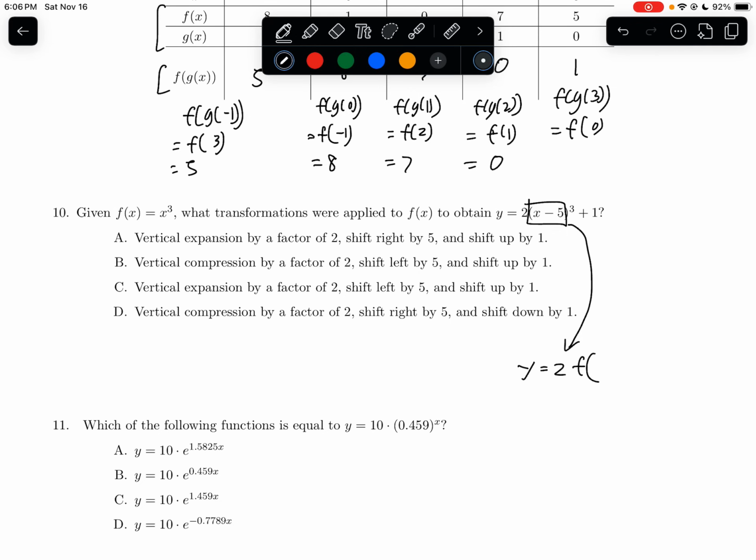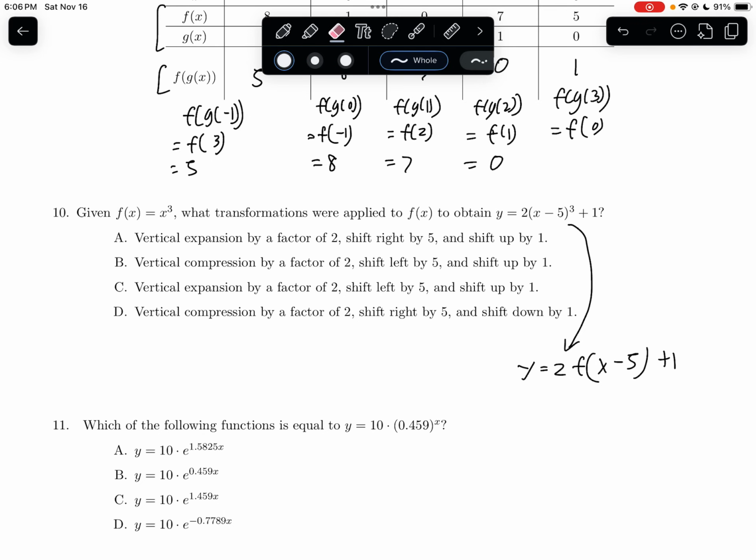And then what we're putting into the function is whatever is being cubed. If f is x cubed and I end up with x minus 5 cubed, then that has to be the input to the function. And so I know that I have x minus 5, and then what I have left on the end here is the plus 1.